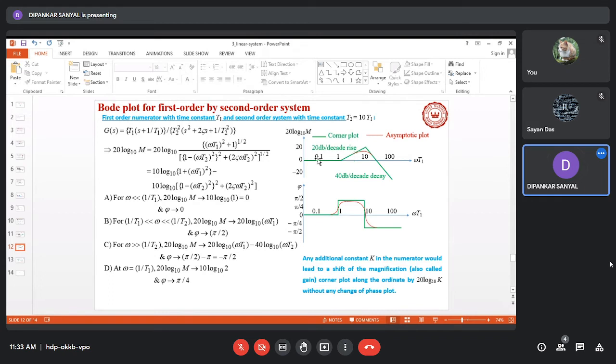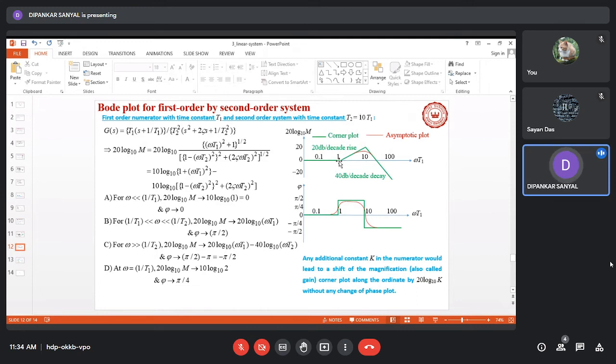And then corresponding to this second order term, we have this kind of corner plot with 40 dB per decade, but this starts after 10, because up to 10 we can consider the effect of the first order term remains dominant, and the second order term starts taking its role only after we cross this T2 time.